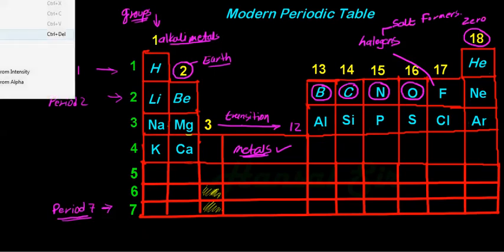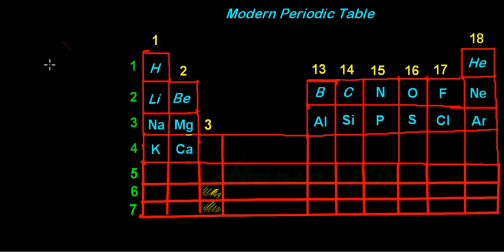Now let's talk about the periods. The first period, if you see in a periodic table, is known as the shortest period because it only has two elements, hydrogen and helium.